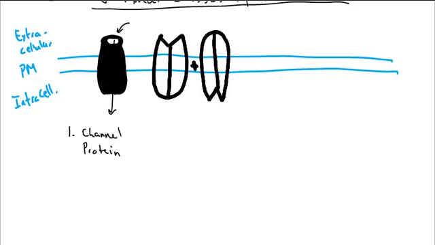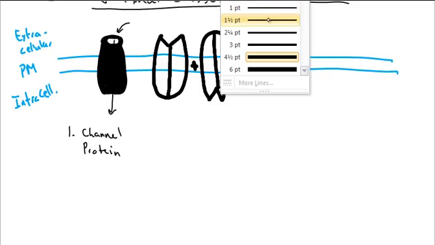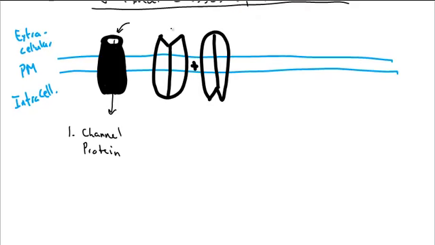And that's just showing it over time. As time progresses, it changes. This is called a carrier protein.